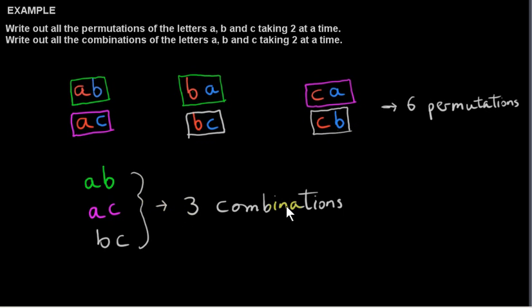Notice that to get the number of combinations, we have to divide the number of permutations, which is 6, by the number of ways of arranging the objects in each permutation. So the number of ways of arranging 2 objects is 2 factorial. So to get this number, we have to take the number of permutations, which is 6, and divide it by 2 factorial. 2 factorial is the number of ways of arranging 2 objects, as we've seen in earlier videos. 2 factorial is just 2, so we get 6 divided by 2, which is 3.